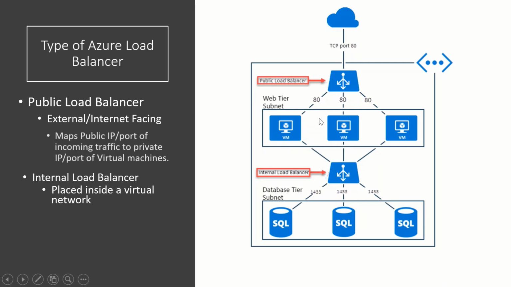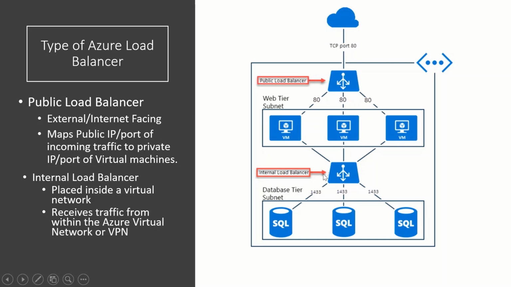Your public load balancer maps the public IP and port of incoming traffic to the private IP and port of your virtual machines in the backend pool. While your internal load balancer receives traffic from machines within the Azure virtual network or VPN, and sends this traffic to virtual machines in a different tier within the same Azure virtual network. So this would be your internal load balancer.